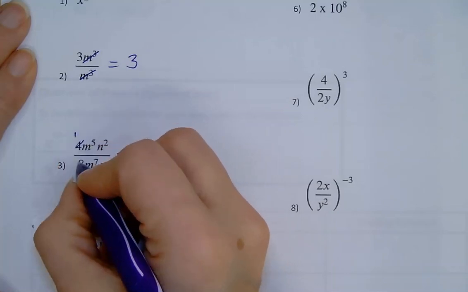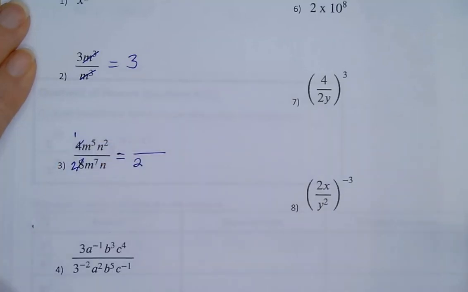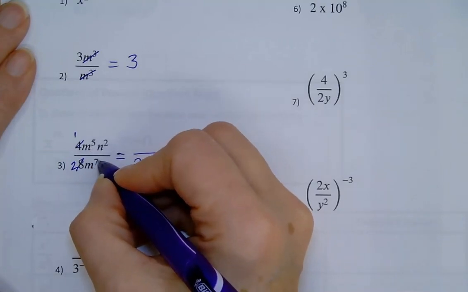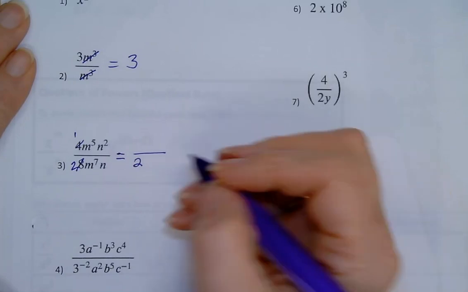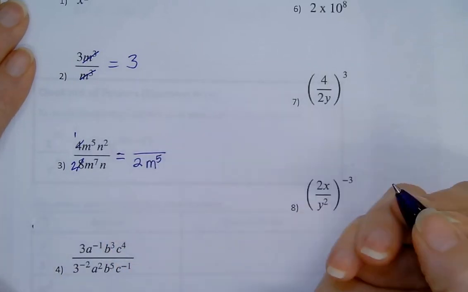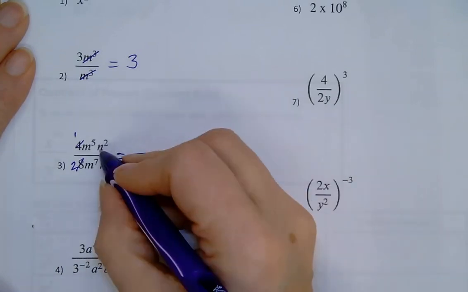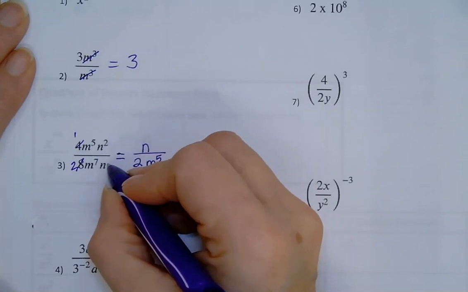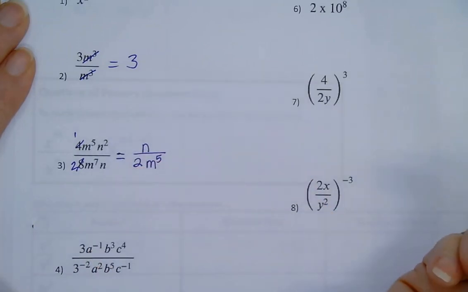Because 4 goes into 4 one time, 4 goes into 8 2 times. m to the 5th over m to the 7th: my difference is 7 minus 5, which is 2, and my bigger exponent was in the denominator, so I'm going to say that's m to the 2nd down there. I have n squared over n, that's going to be n to the 2 minus 1, so that's n to the 1. So that is my answer.